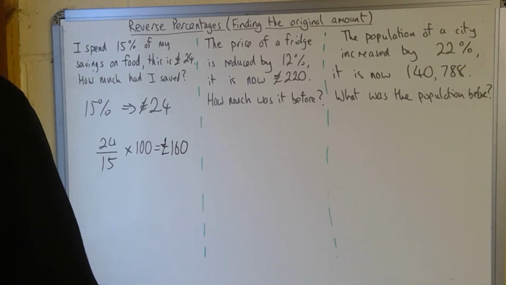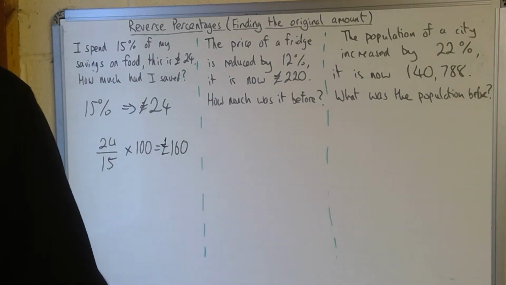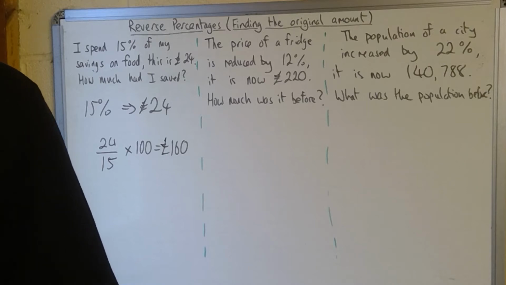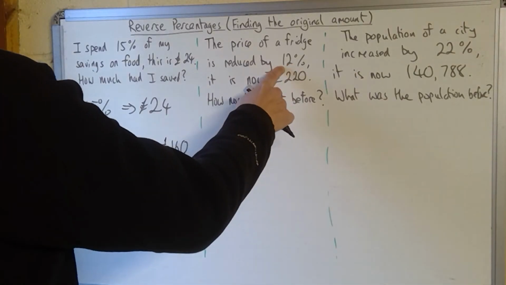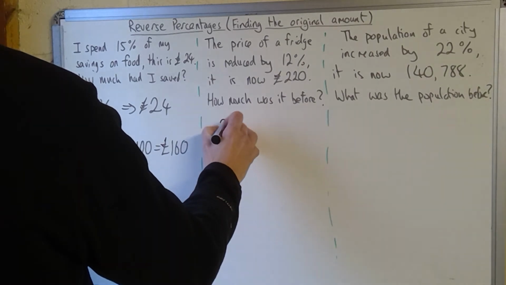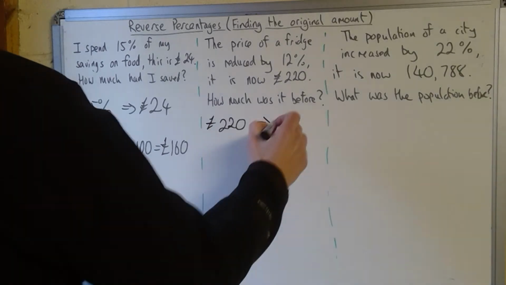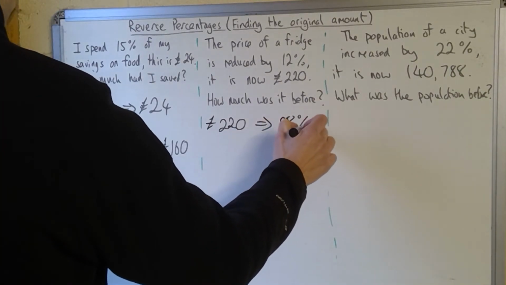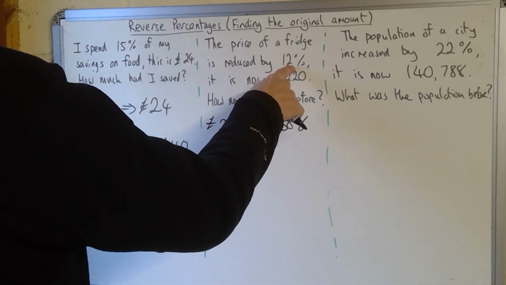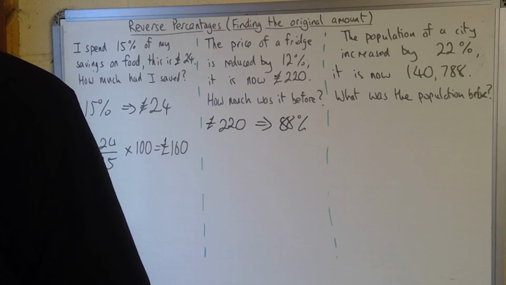The second one: the price of a fridge is reduced by 12%. It's now £220. How much was it before? If we've reduced it by 12%, this £220 is actually 88% of the original. Because I've always started with 100%, I've taken 12% off, so this 220 is 88%.